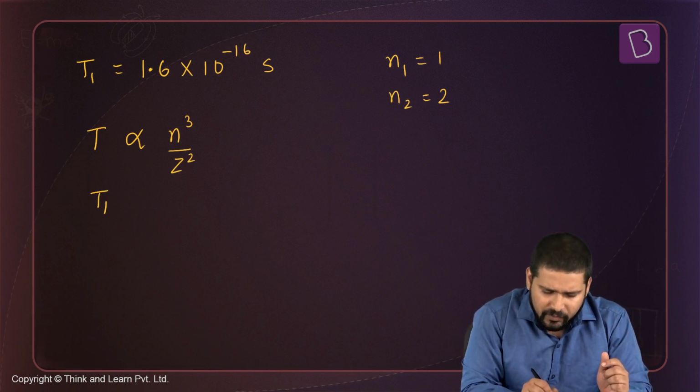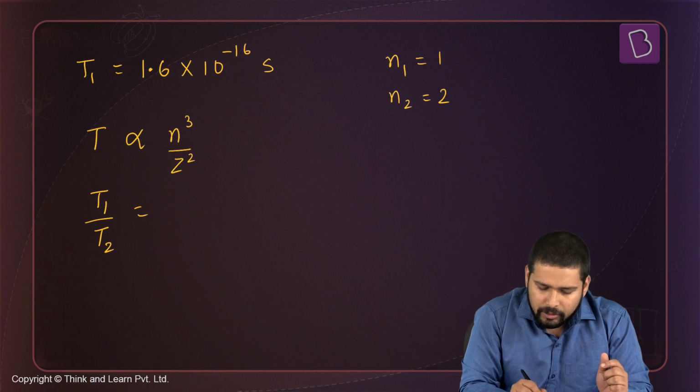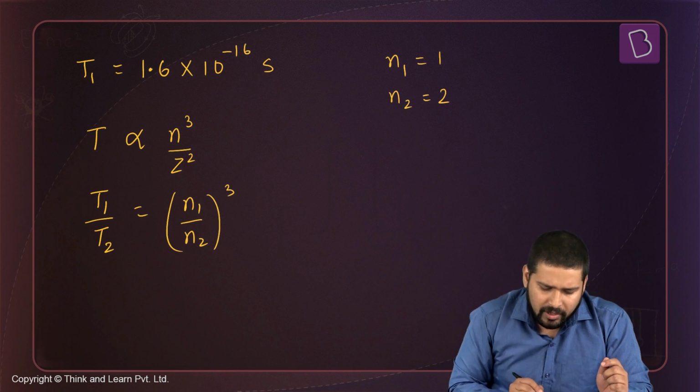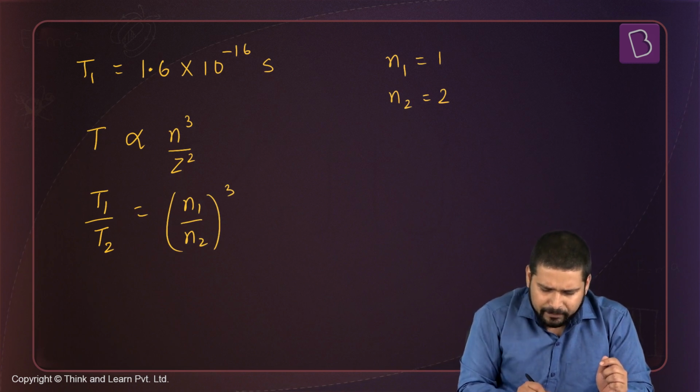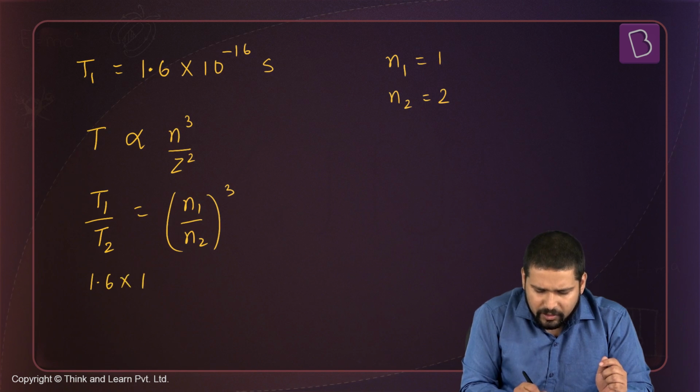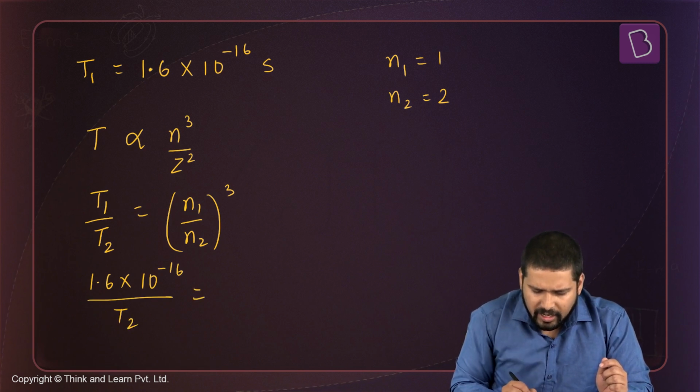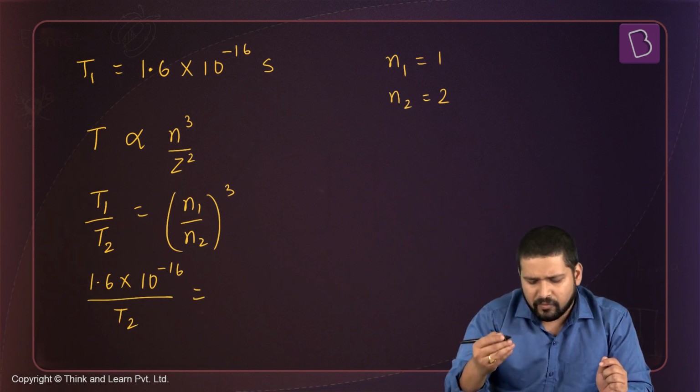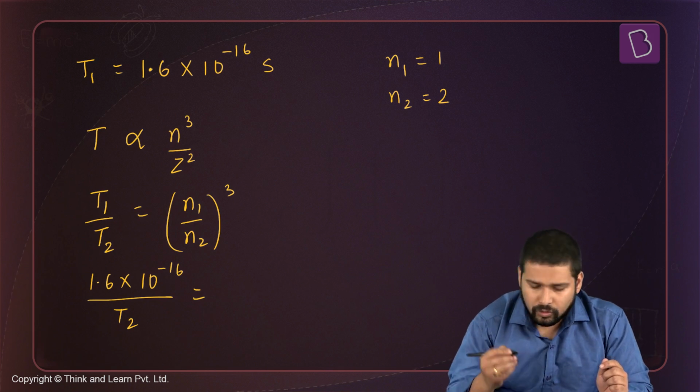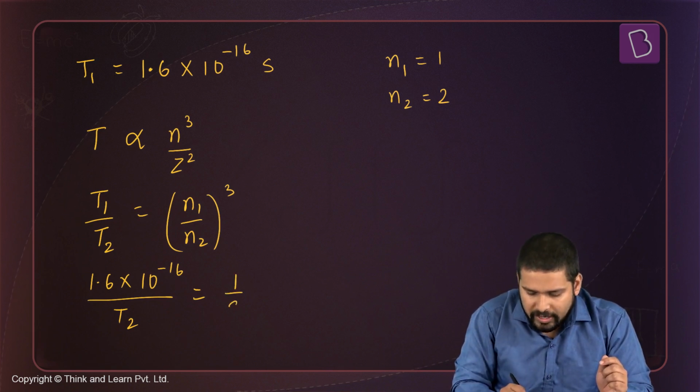So I can write T1 by T2 is equal to n1 by n2, and I can just cube this, right? So I can write, well, T1 was equal to 1.6 into 10 to the power of minus 16 divided by T2, and this is going to be equal to, n1 value is 1 and n2 is 2, so cube of that is going to be equal to 1 by 8.